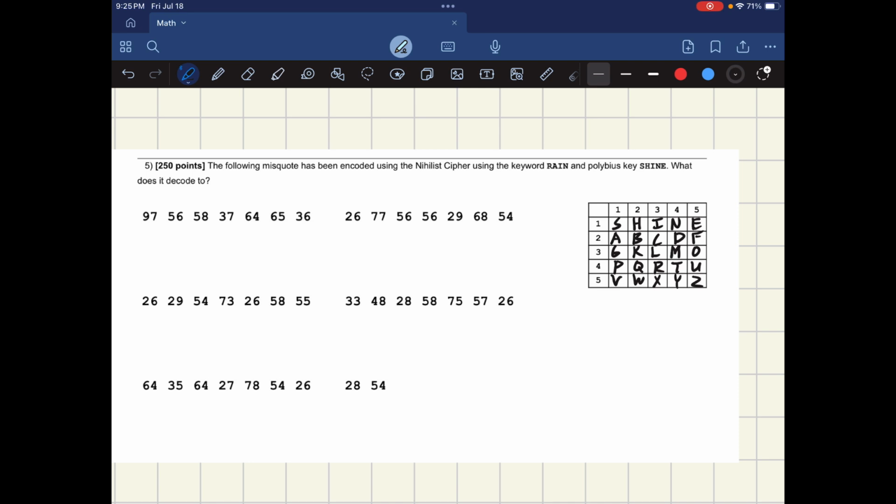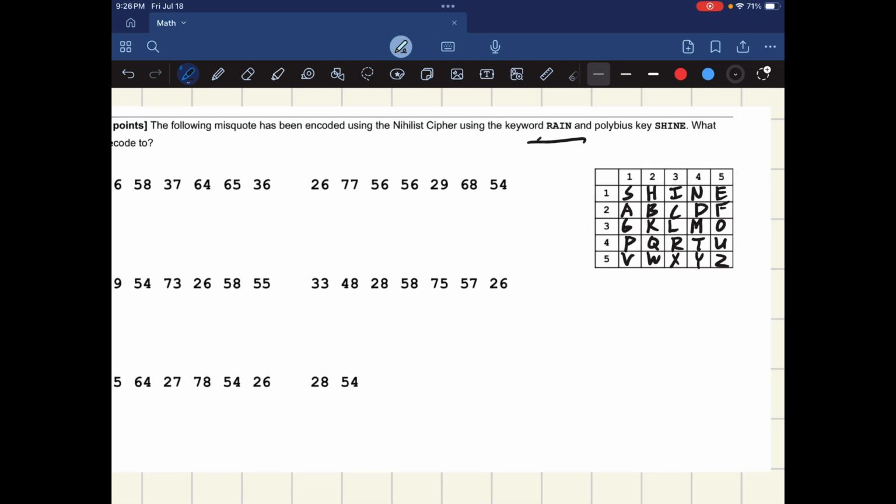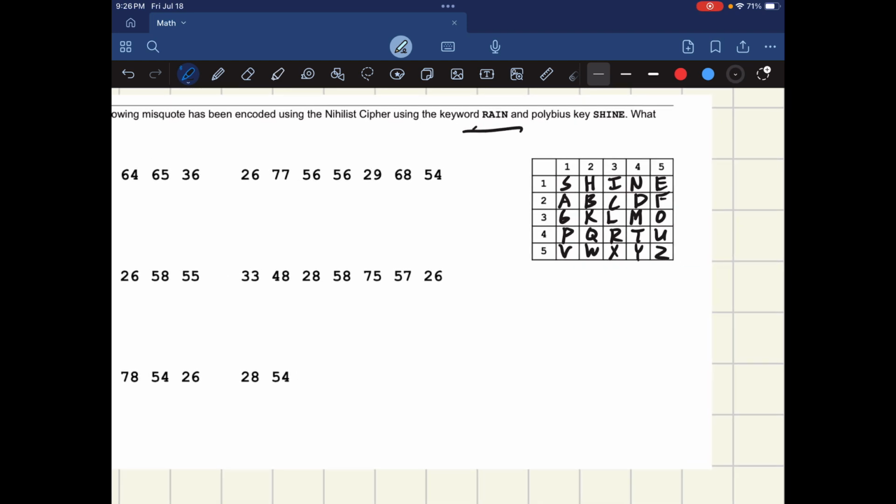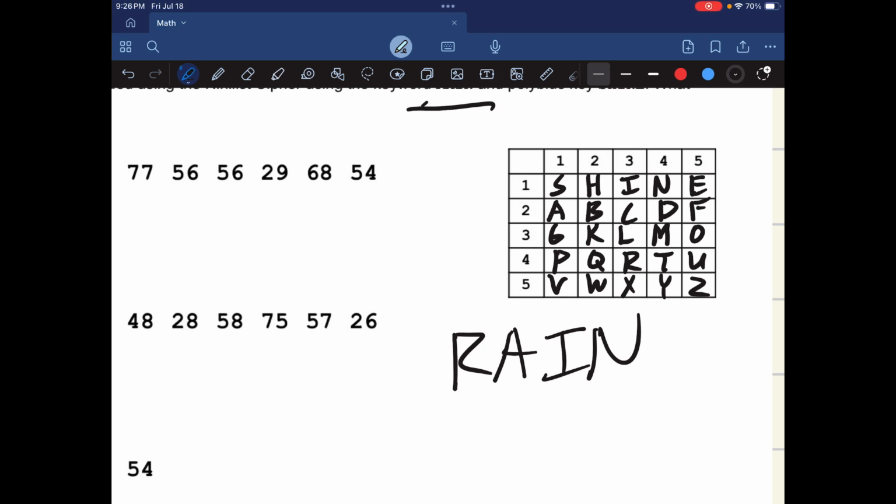We are given the keyword rain. What we want to do is first, actually, we first have to convert rain into numbers. So we have the keyword rain, and then we want to find the corresponding letter in the Polybius square and convert it into a number. The number is always a 2-digit number, and the first tens digit comes from this side, and the second ones digit comes from this side.